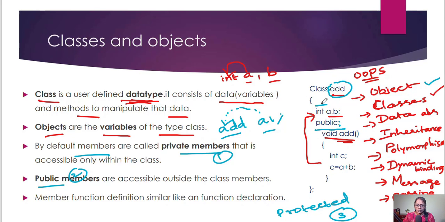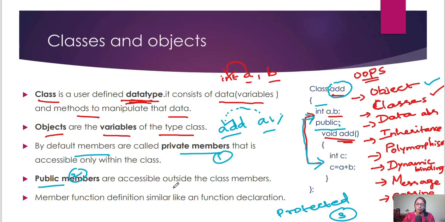But whenever you define something as private, it is accessible only within the class functions. This a and b can be accessed only in the add function. So that is called private members.